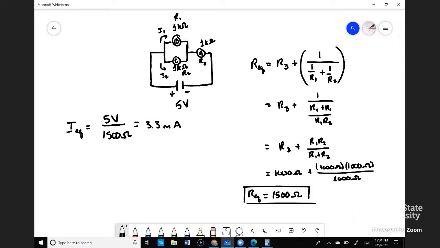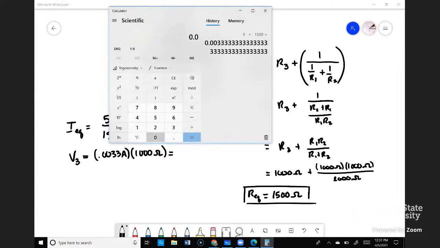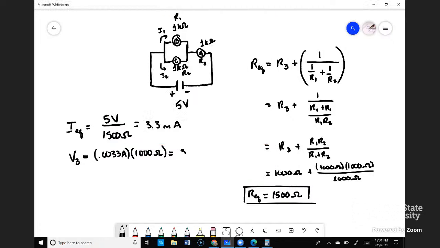Okay, so to do that, we have the voltage across that. The voltage drop across that is equal to the current, which is 0.0033 amps, multiplied by the resistance, 1,000 ohms. And so that voltage drop is going to be 0.0033 multiplied by 1,000, which is 3.3 volts. Okay, so there's 3.3 volts across that first resistor that's in series after the branch off.